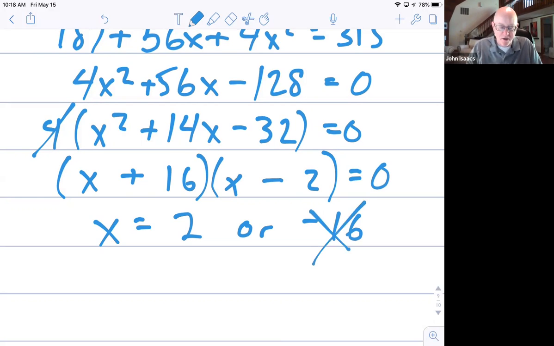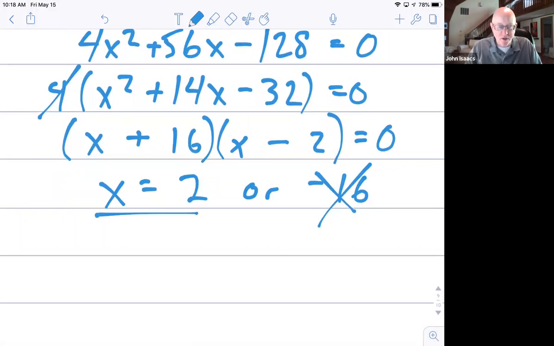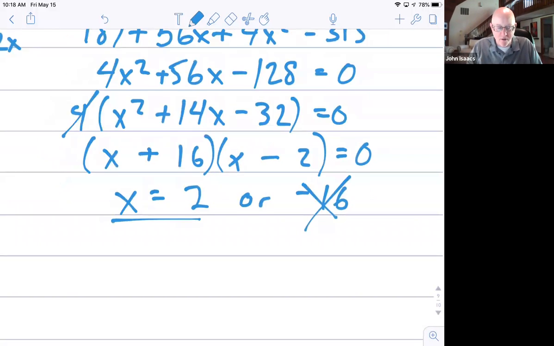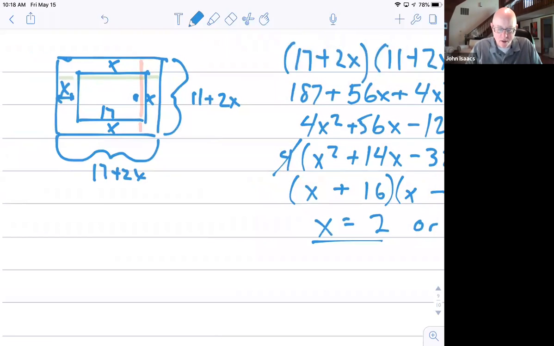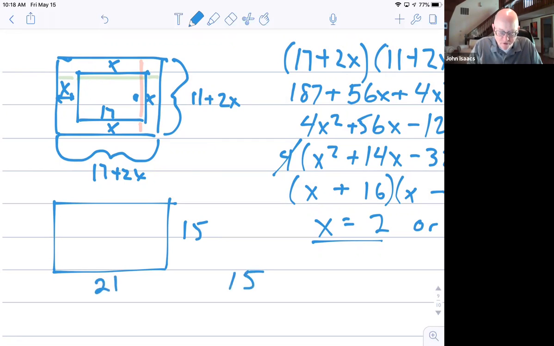This doesn't mean anything. X equals 2 is the dimension of the edge of the frame. So the total dimensions become 11 plus 2 plus 2, which is 15, and 17 plus 2 plus 2, which is 21. So the answer is 15 by 21.